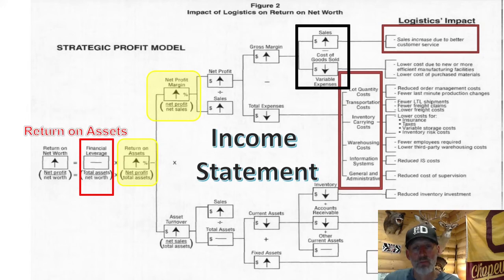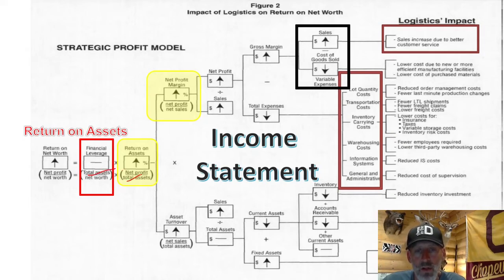Okay, so if we look at this formula and take a moment to dissect it, first of all, financial leverage and return on assets really have a common item here, which is our total assets.